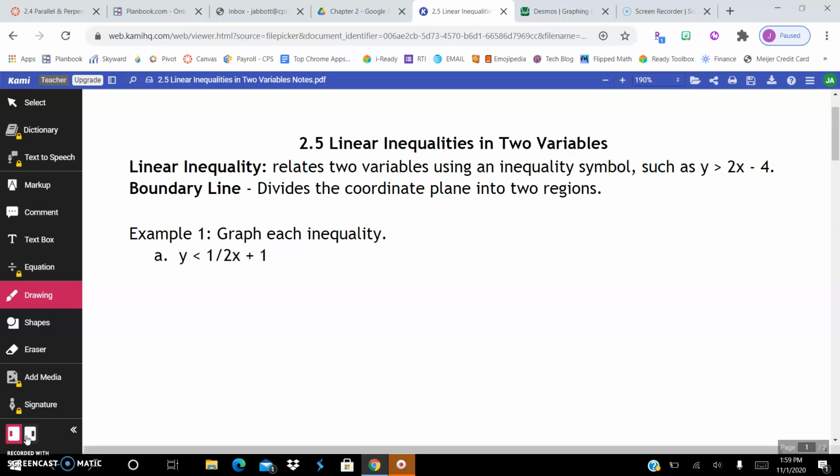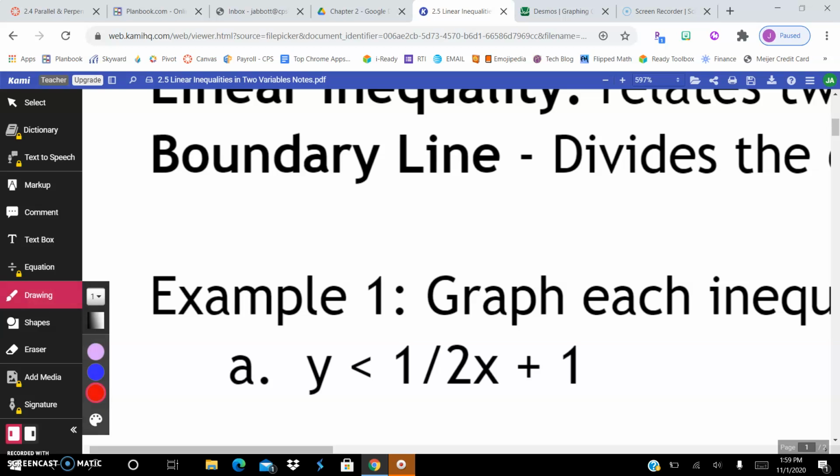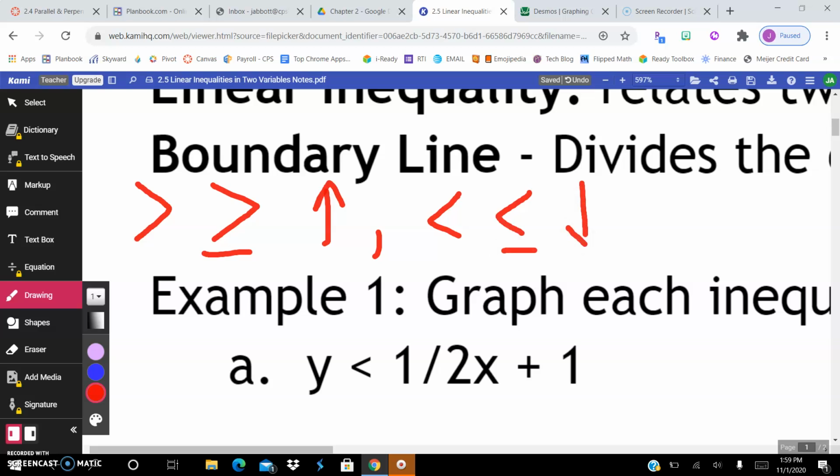inequality. So I want you to remember that when you're doing these, you have greater than or greater than and equal to. Those you're going to shade above the line. If you have less than or less than and equal to, you're going to shade below the line.